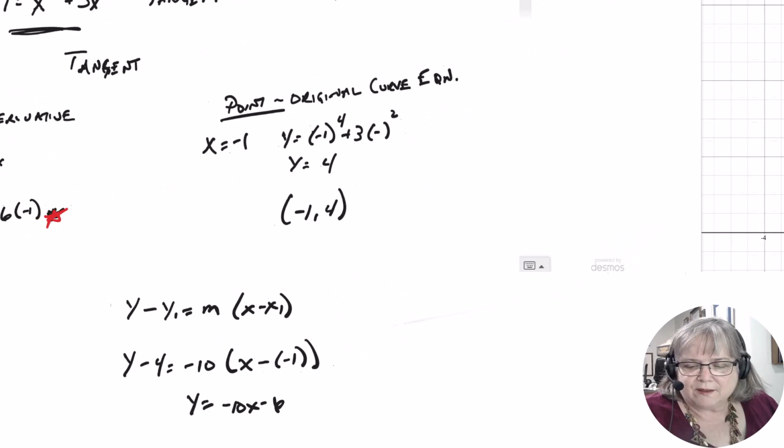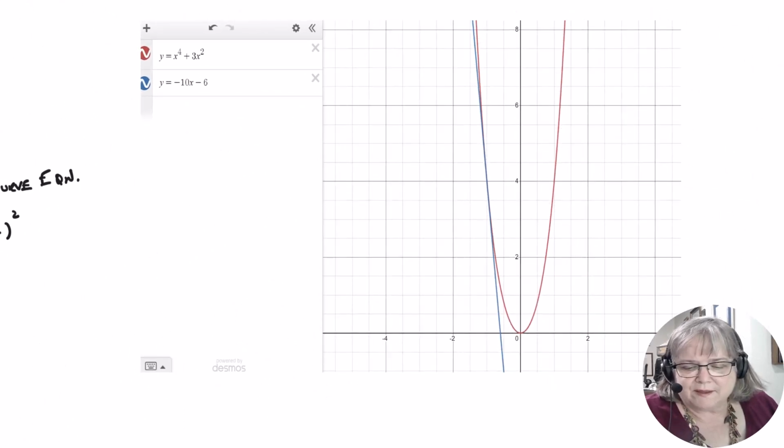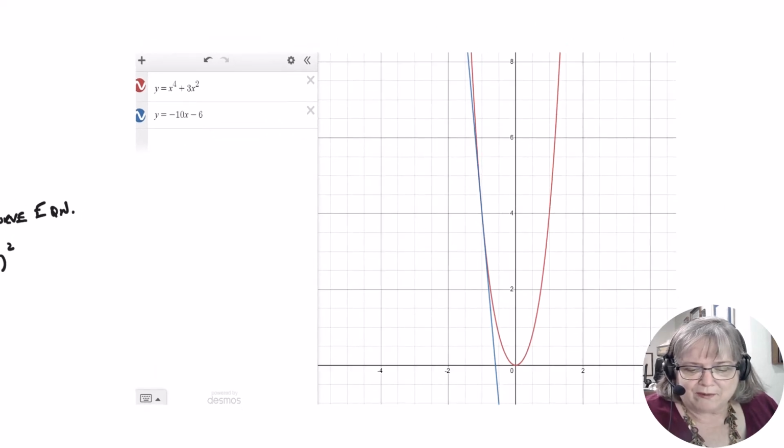Okay, let's go over here and look at the graph. The red is y is x to the fourth plus 3x squared, and the little blue line is our tangent. And again, this is the decimals. People let me use this, which I'm grateful for.